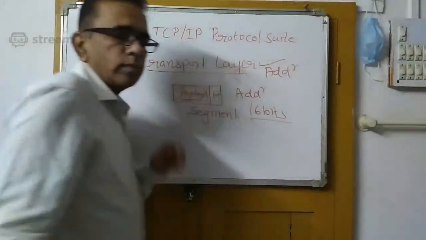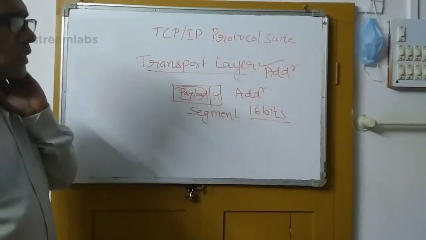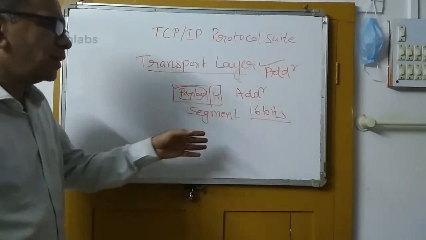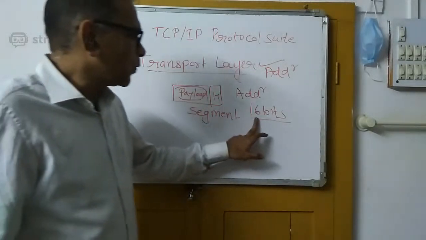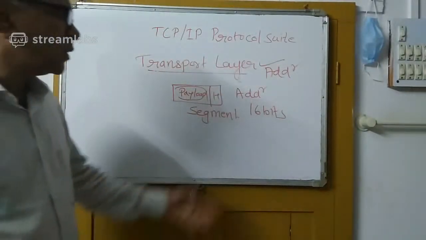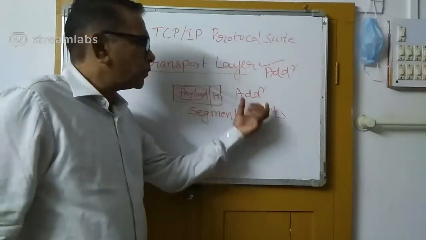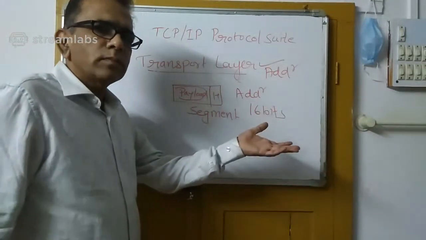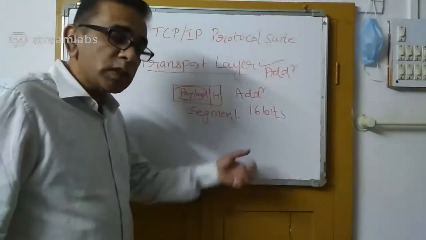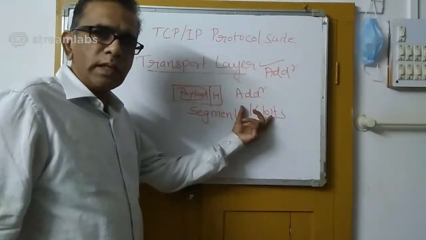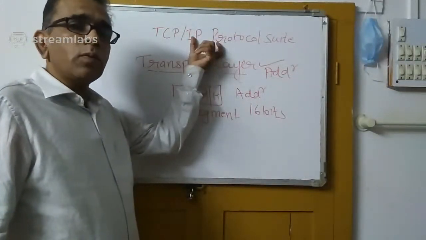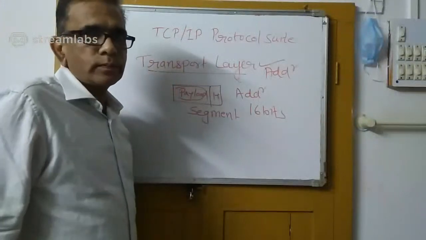16 bits. So these 16-bit numbers, or port numbers, this is what I wanted to talk about. Sometimes the transport layer address is also called a port address. So this 16-bit port number, or say process ID, which is 16 bits in length, we use it in the transport layer in the TCP/IP model.